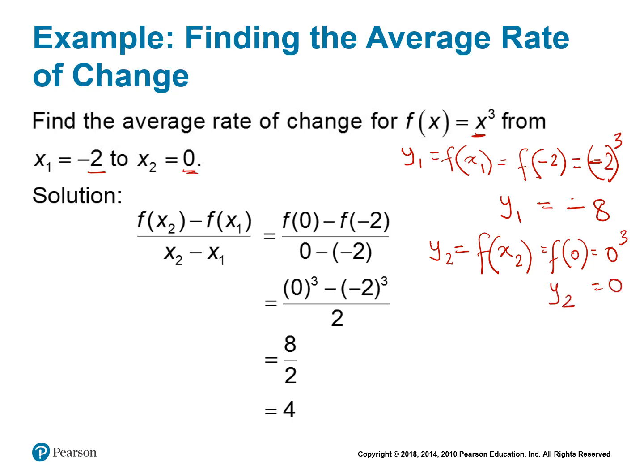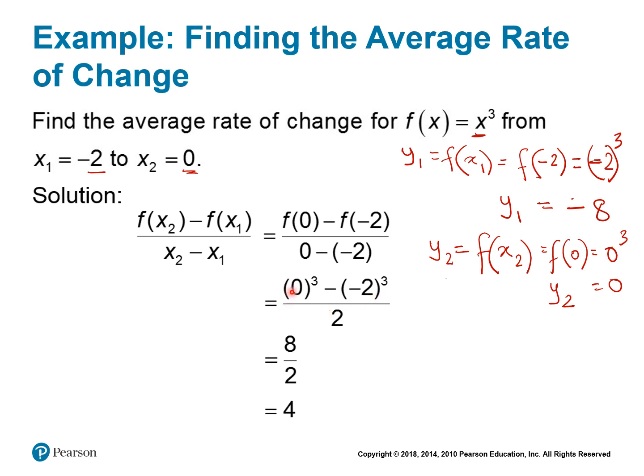So f of x sub 2 is f of 0. All right, f of x sub 2 is what y sub 2 is. So that's 0, and minus f of negative 2, which is negative 8. So here we have 0 cubed minus negative 2 cubed.